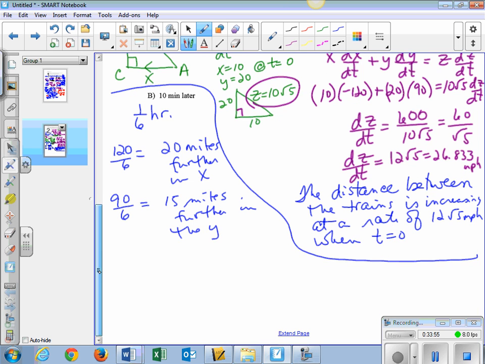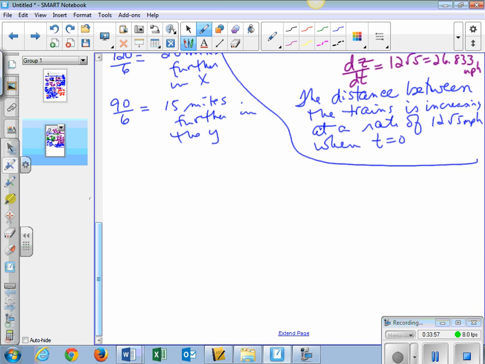So if I think about this, let's set up my little triangle. Here's Chicago. Here was going north. I knew at time t equals 0, the train in the x direction was 10 miles east.